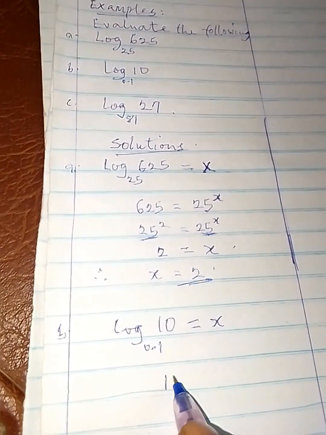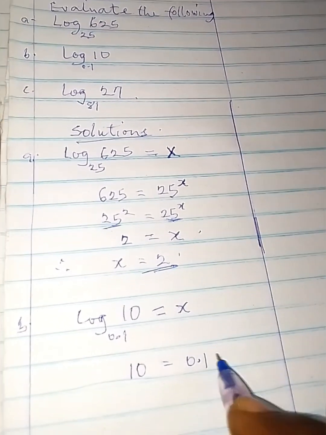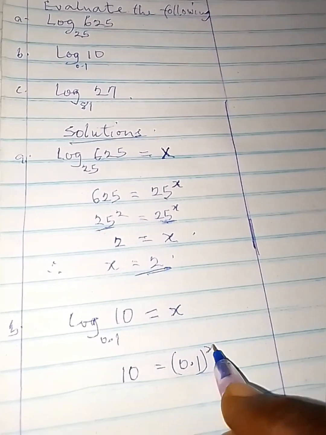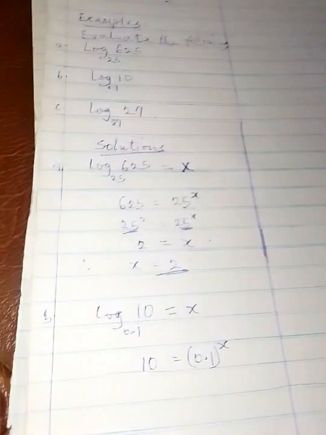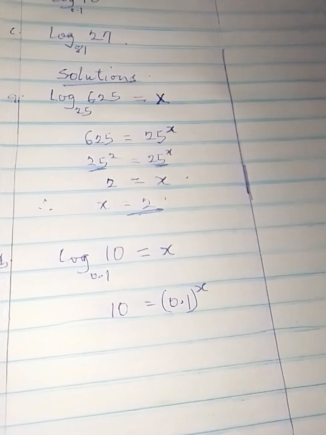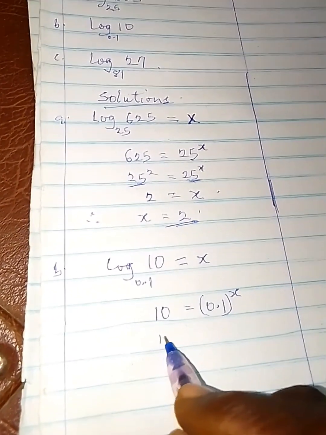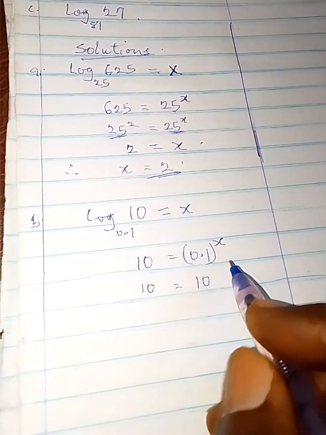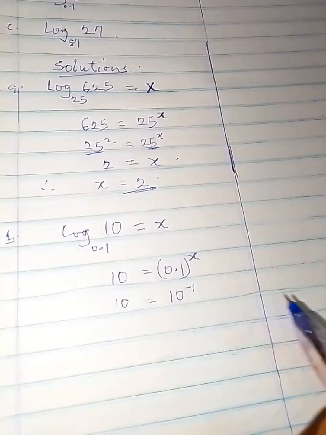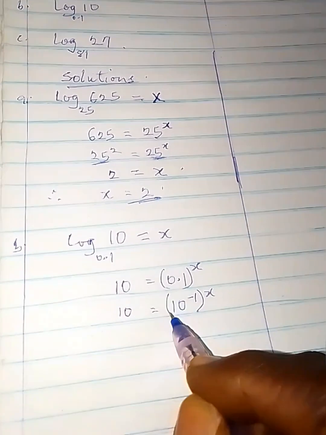Here will now be 10 equals 0.1 raised to power x. Now, in logarithm, what is 0.1? 0.1 is equal to 10 raised to power minus 1, still raised to power x.